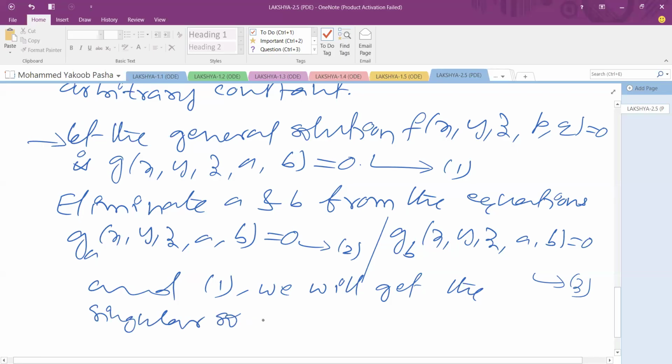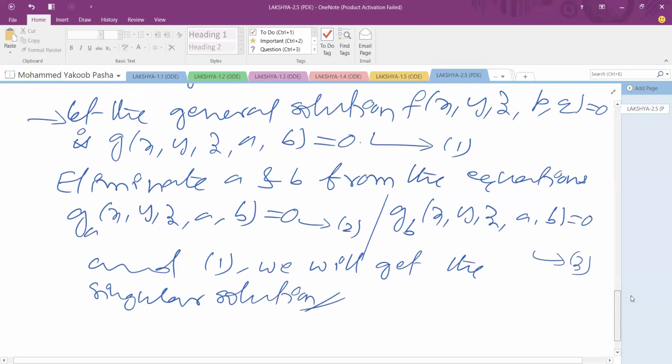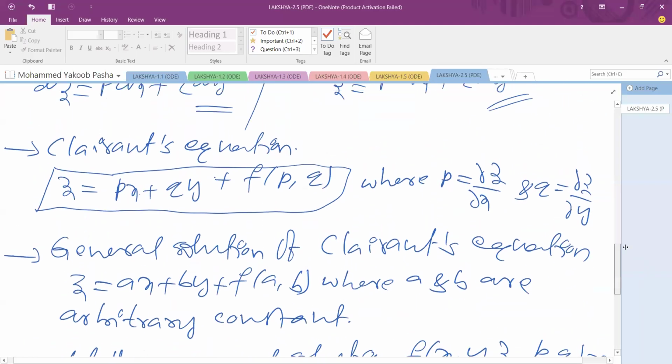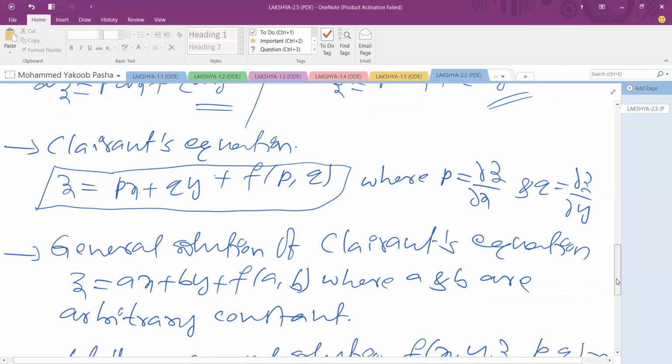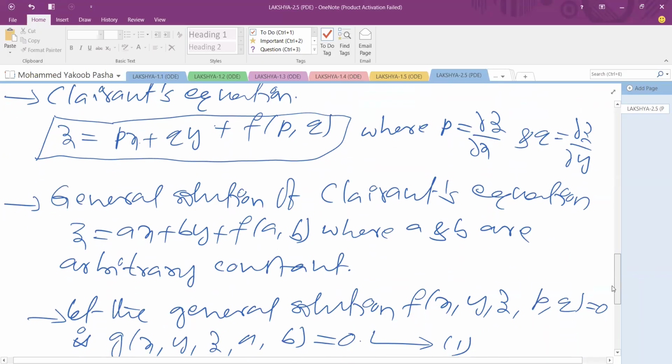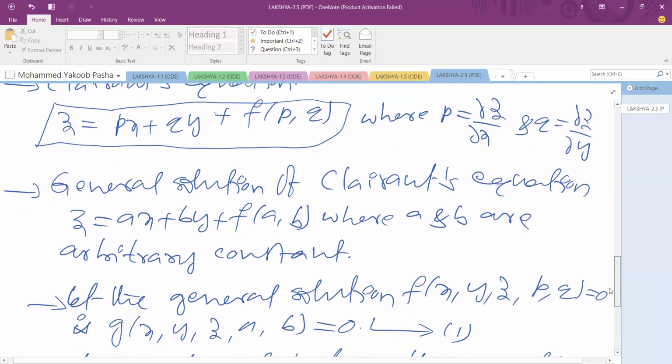This is a brief of the subjects we discussed in the last class. Just you have to remember the Clairaut's equation is in the form of z equal to px plus qy plus f of p comma q, where p is equal to dou z by dou x and q is equal to dou z by dou y. The general solution is just replace p by a and q by b.